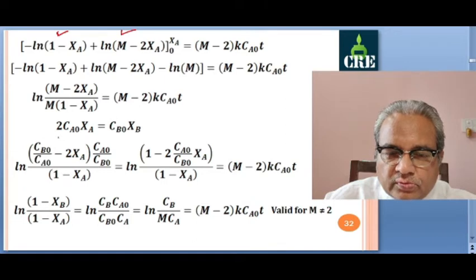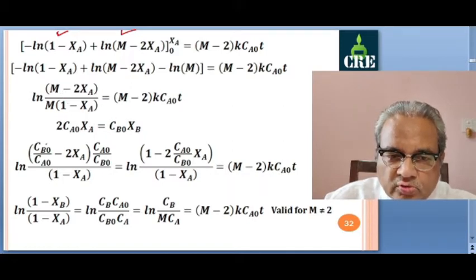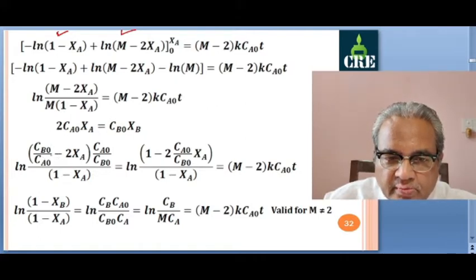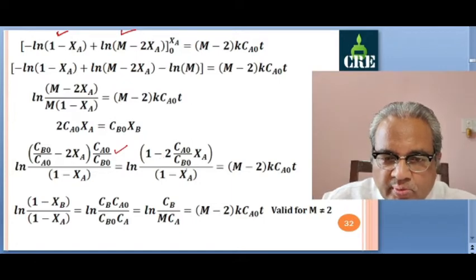From the stoichiometry we have seen the relationship Cb0 xb is equal to 2 Ca0 xa, and m is Cb0 by Ca0. So I have substituted m as Cb0 by Ca0, and taking it in the numerator as Ca0 by Cb0, this becomes 1 minus 2 Ca0 by Cb0 into xa.